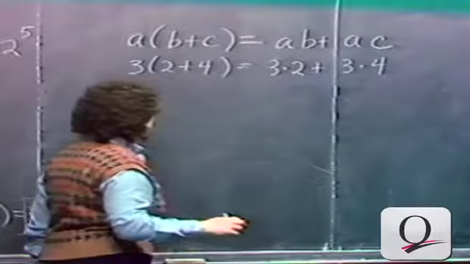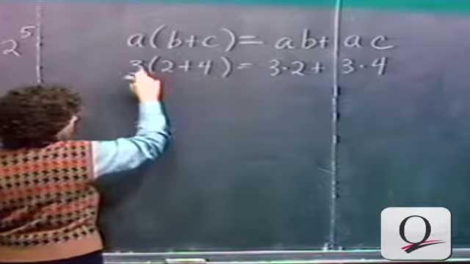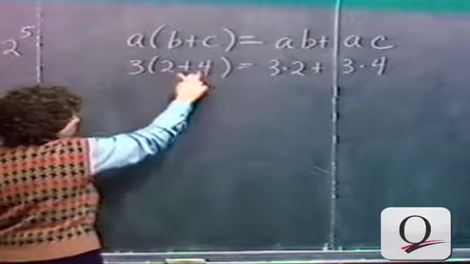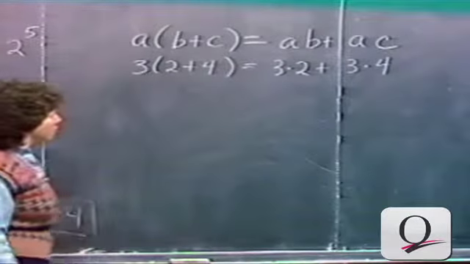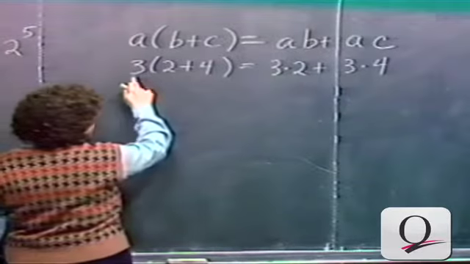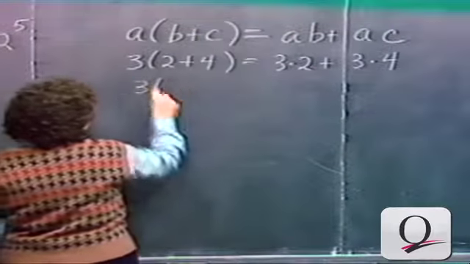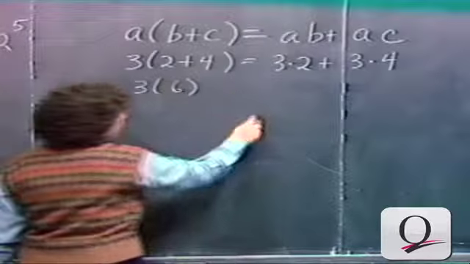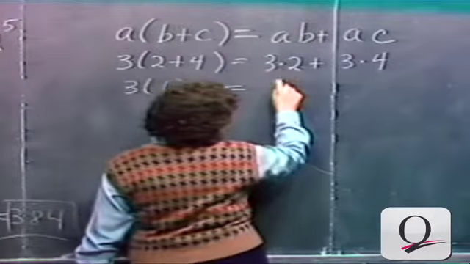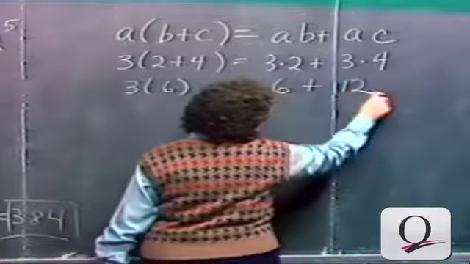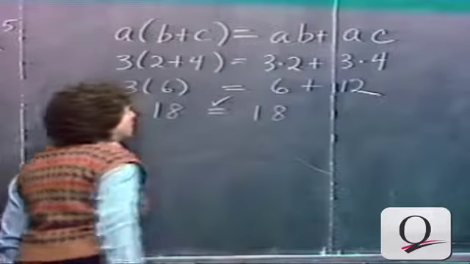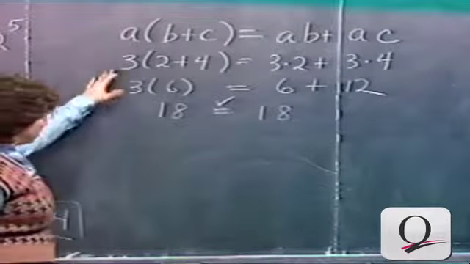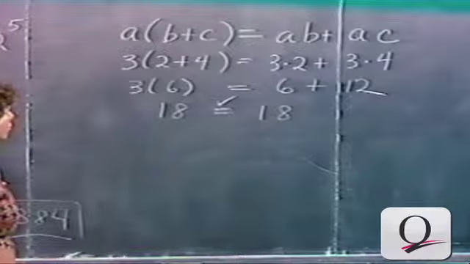In other words, the 3 is to be distributed through the parentheses. 3 multiplies the 2, and then it multiplies the 4. And of course, we can check in this instance that it gives the right answer. We have over here 3 times 6, and over here we have 6 plus 12. And of course, 18 is equal to 18. So apparently, it does give us the right answer.